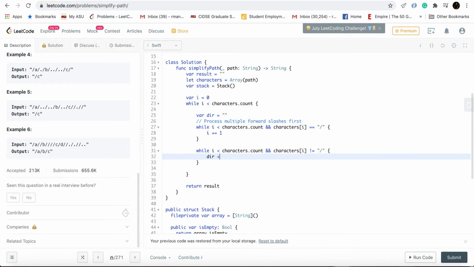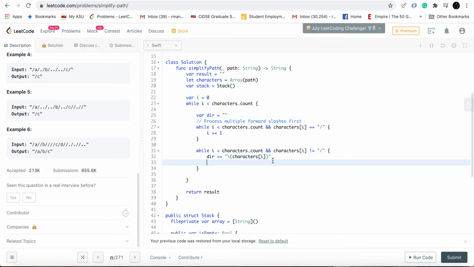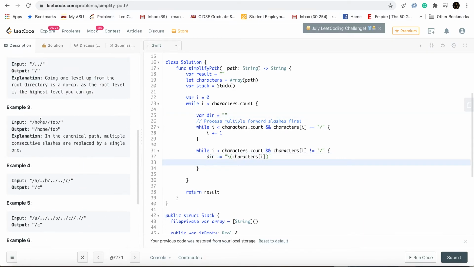So this is where I'll start constructing the folder name, which basically means I'm just appending consecutive characters to this temporary directory variable. So basically, say we were processing this string. First I'll append H, then O, then M and E, and eventually dir should have home, right? Cool. And we just do i plus 1.